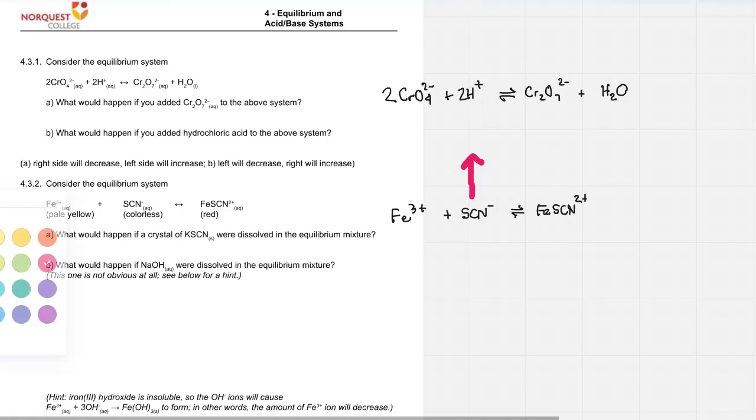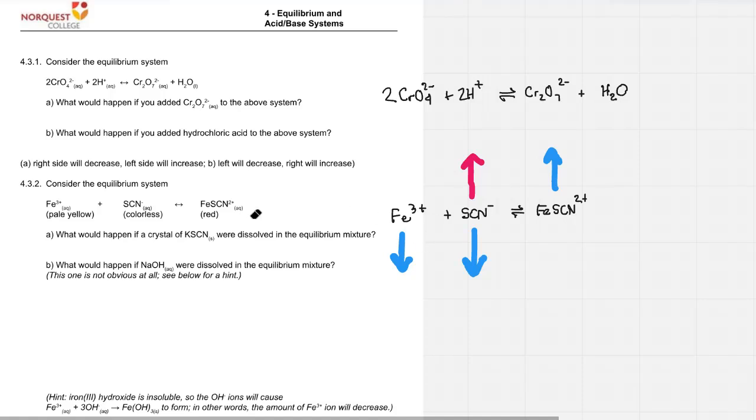The system always resists whatever stress we put on, so the system will do that. If left side's going down, the whole left side has to go down together, and if left is going down, right must be going up. So the stress was this one, and the system response is left side goes down, right side goes up, or the short version is the system shifts right.